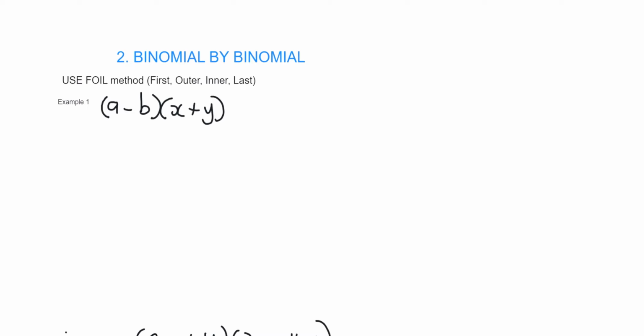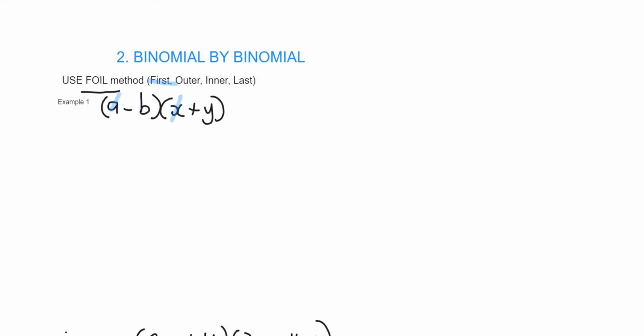So you are getting new words now. What is FOIL? FOIL means basically what you do here is you firstly do the first term, which means you multiply this first term with this first term.